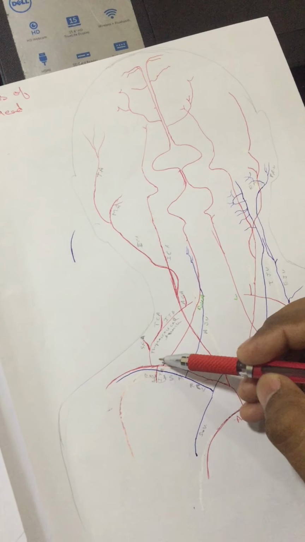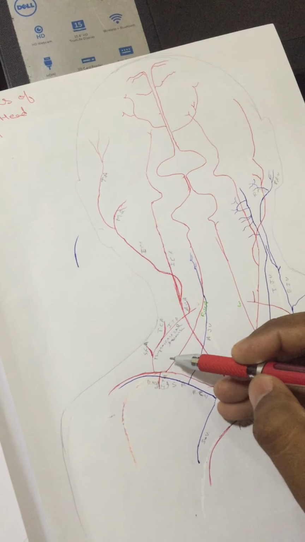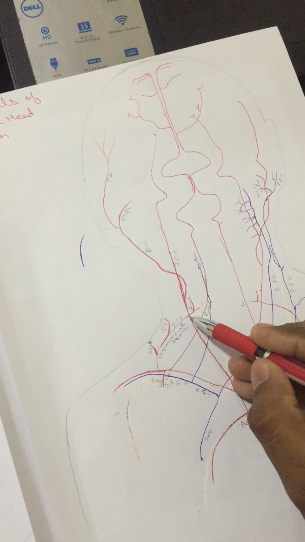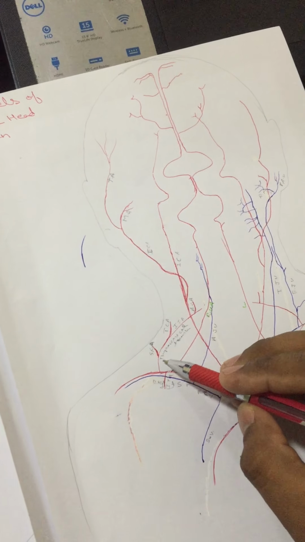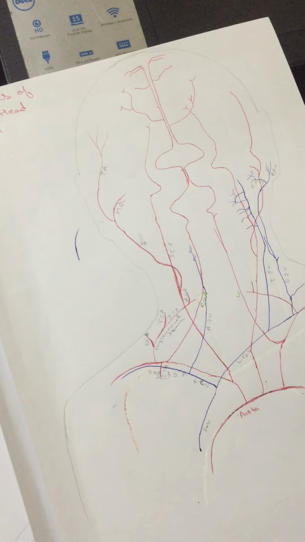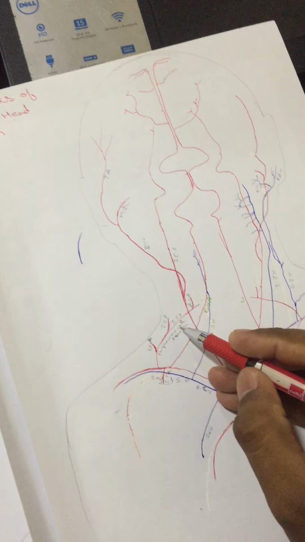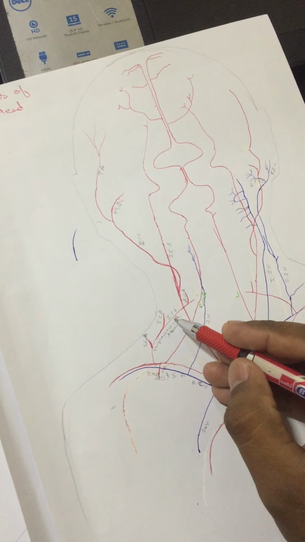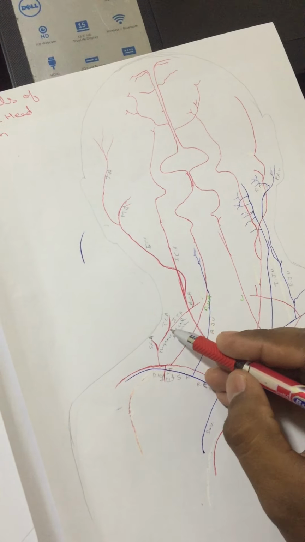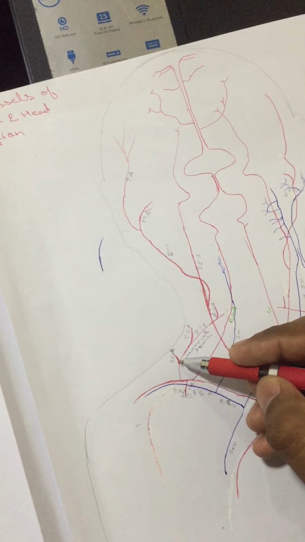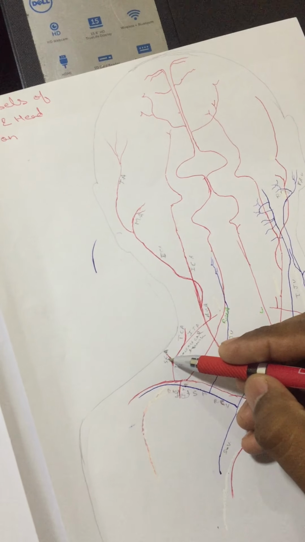And the third branch is the thyrocervical trunk, which divides into three major arteries. Number one is the inferior thyroid artery, number two is the transverse cervical artery, and number three is the suprascapular artery.